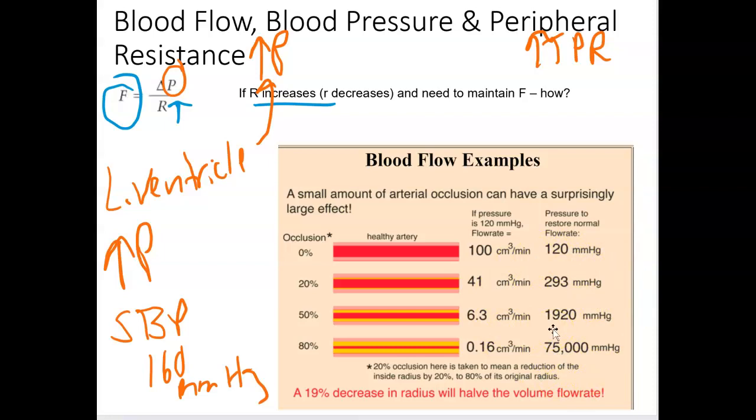It's not going to be that occluded, and our body will try to dilate. But I just want you to understand how important that relationship is between that radius and our pressure that has to overcome that resistance. So in our next lecture, we're going to start really diving into how we control blood pressure and getting a lot more into the physiology of this.